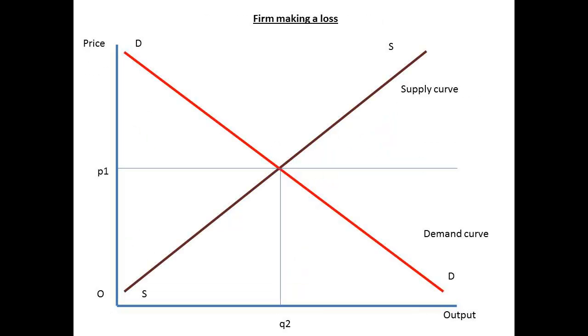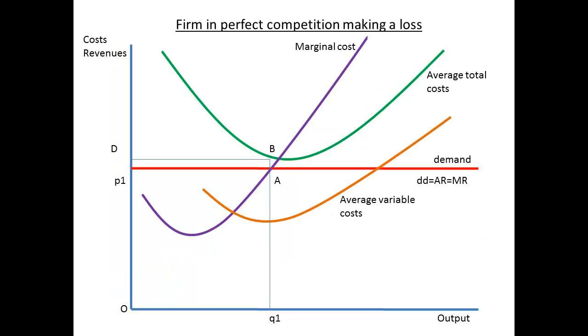We are now going to look at another perfectly competitive firm. We start once again by showing that the equilibrium price and quantity are determined by the intersect of the demand and supply curves. So Q1 is the quantity produced, and this will be sold at price P1. Now consider what is happening for a firm making a loss.